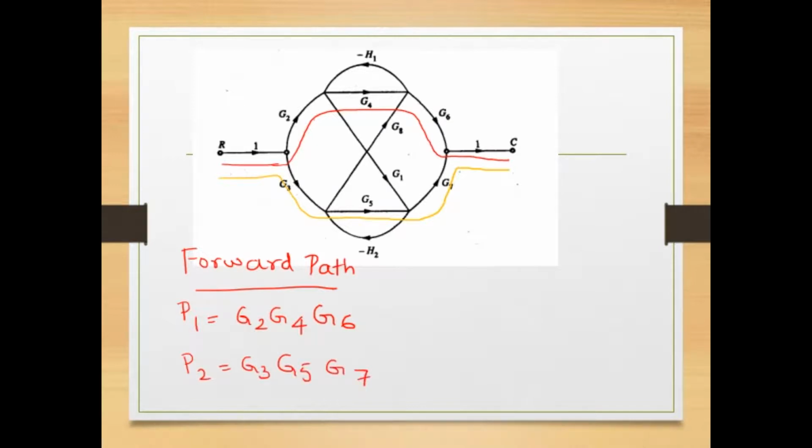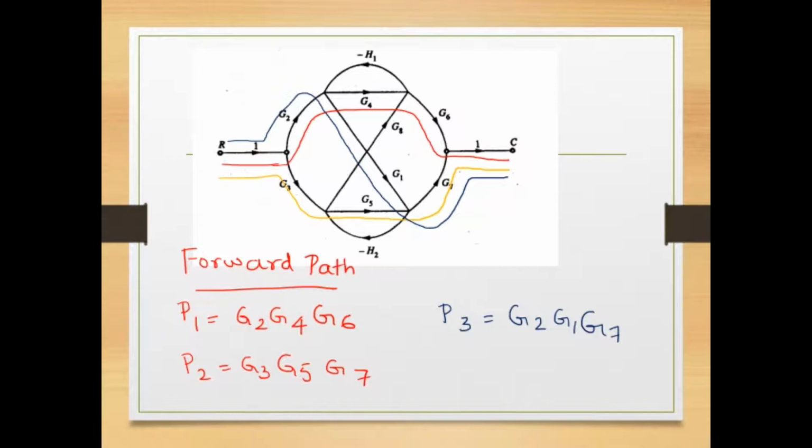We have one more forward path, which starts from the input node along G2, G1 and G7. So our third forward path P3 is G2 G1 G7. These are the three forward paths which we have identified.